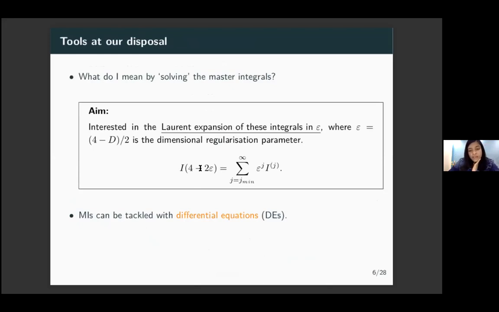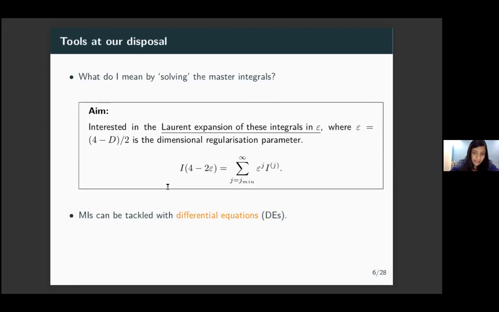And actually, there is a proof that it's very easy to tackle the problem of solving the master integrals with the help of differential equations. So the idea is you differentiate the master integrals with respect to the invariants you have.